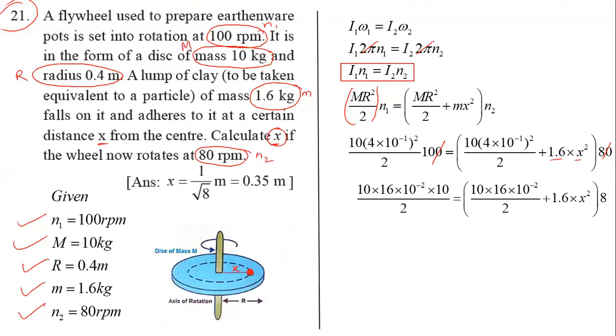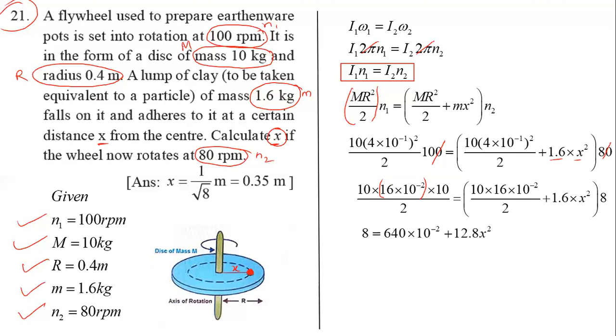Then this 10 as it is, 4² is 16, and 10 raised to minus 1 squared is 10 raised to minus 2, into this 10 divided by 2. Now 10 into 16 into 10 raised to minus 2 as it is, divided by 2 plus 1.6 into x² in a bracket, and outside 8.